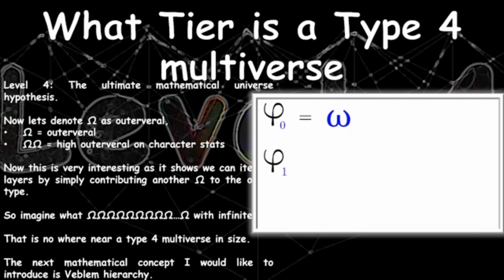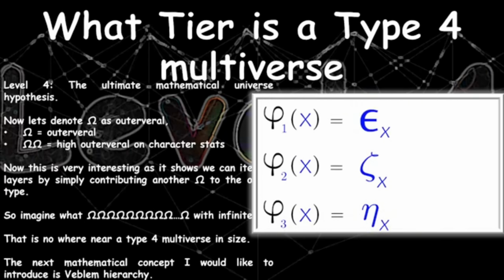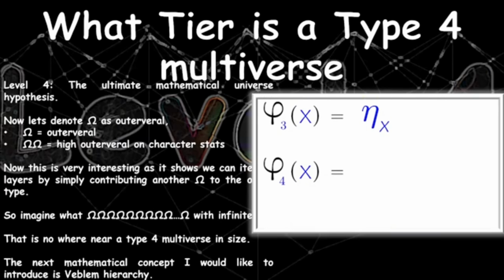Phi 1 is equal to epsilon. Phi 2 is equal to zeta. And don't forget their index. Phi 3 is equal to eta. Phi 4, that's an infinite nesting of etas. This is also called a fixed point.